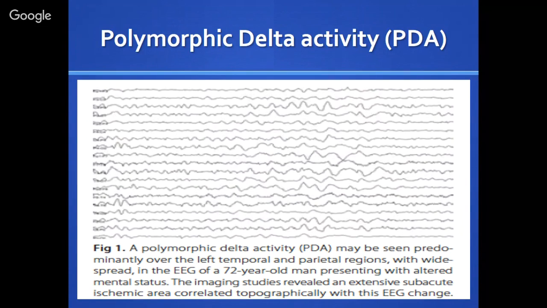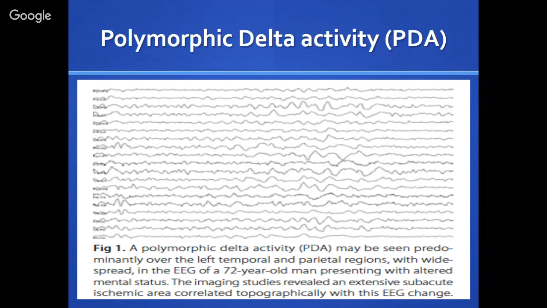Okay, polymorphic delta activity. I always write polymorphic on my EEGs. This means basically it's not rhythmic. People scratch their head: what the heck is he talking about with polymorphic? So this is what it means, that it's non-rhythmic.